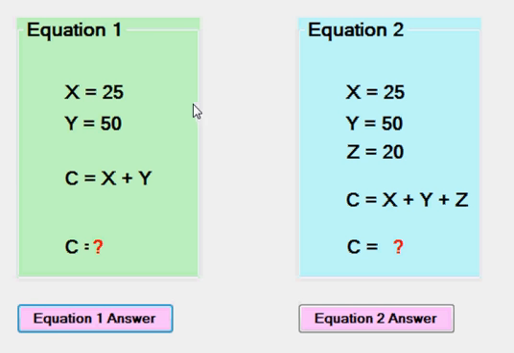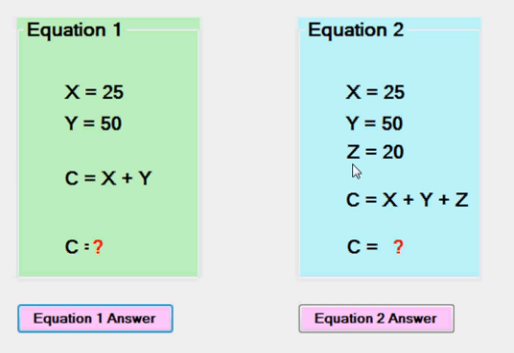If you look at these two equations carefully, you can see the common variables, which is x, y in equation 1 and y in equation 2, c in equation 1 and c in equation 2. So the common variables are x, y, and c. And this z becomes the local variable.